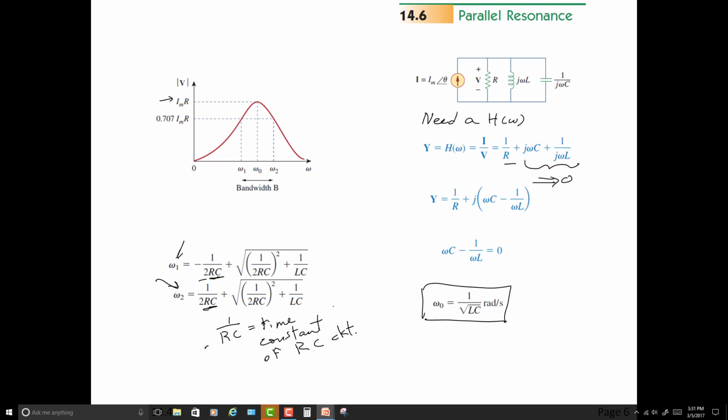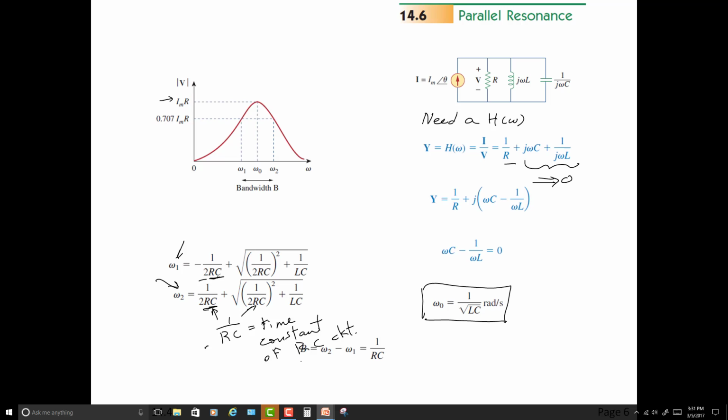And by the way, isn't that what's showing up right here as well? And if you go back and look at the ones for the series RLC, in terms of the inductor, you'll find it's the time constant for an RL circuit.